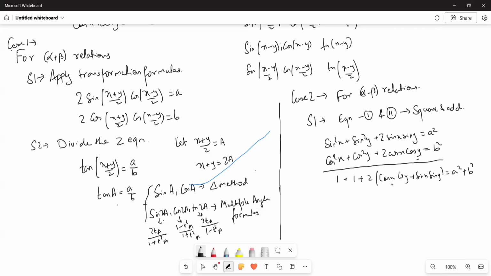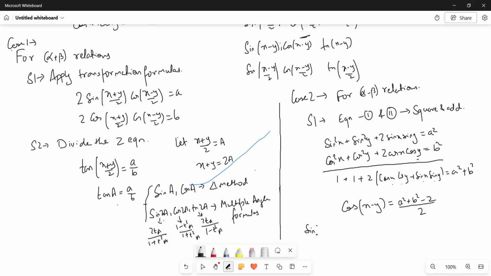So now continuing, cos x cos y plus sin x sin y, what does this become? So we get cos of x minus y is a square plus b square minus 2 whole divided by 2. Right. So we have found out the value of this cos of x minus y.